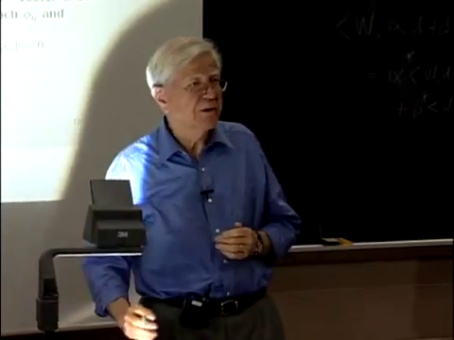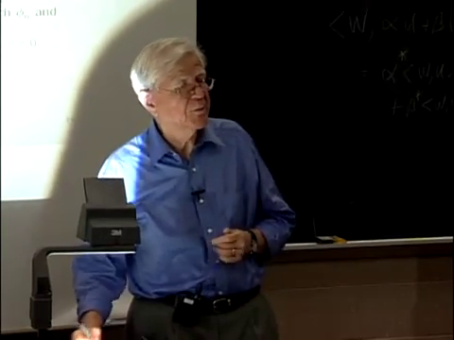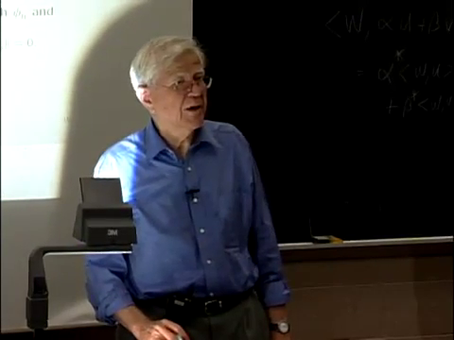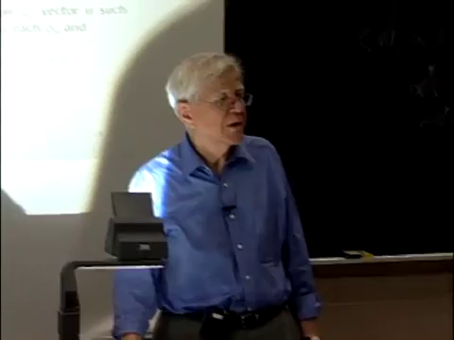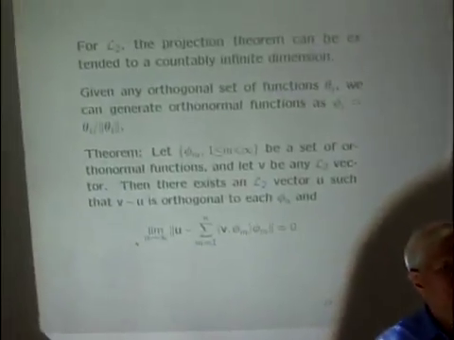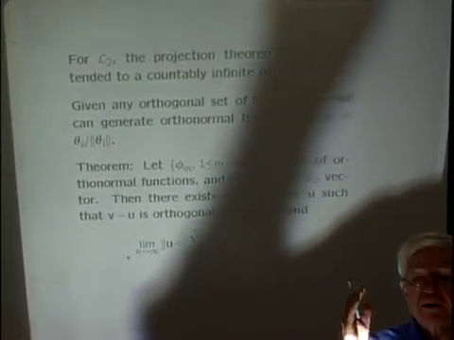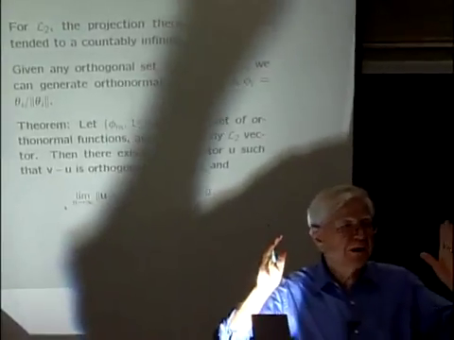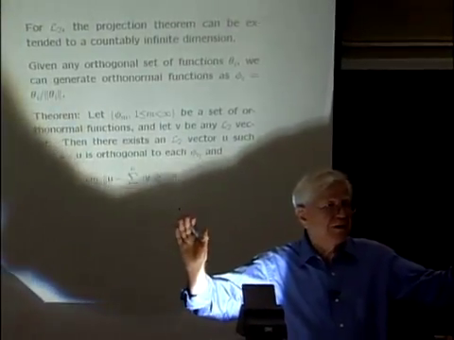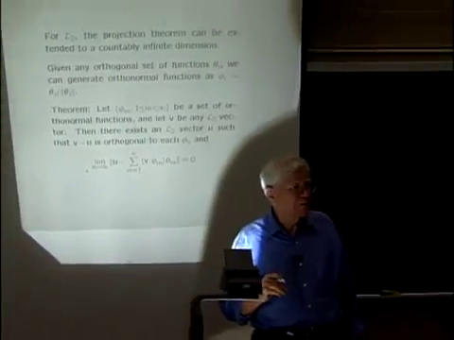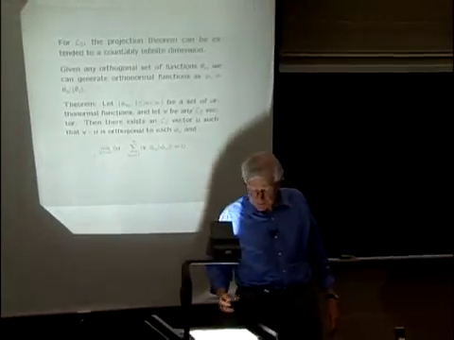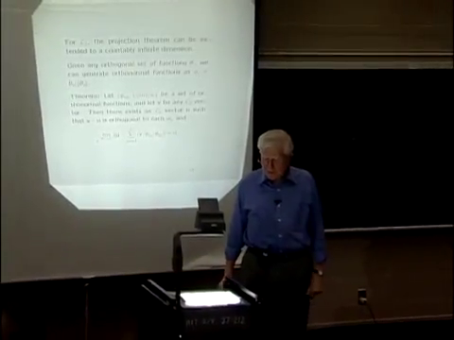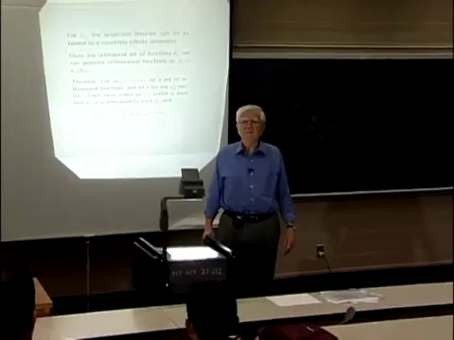I take an arbitrary function, I expand it in this Fourier series, and bingo, what I get is a function u, which is the part of v which is within these time limits, and what's left over, which is orthogonal, is the stuff outside of those time limits. Okay, so this is the theorem that says that in fact you can.